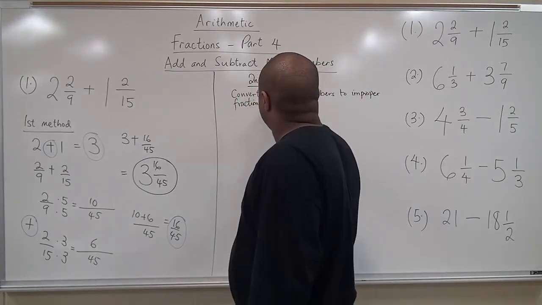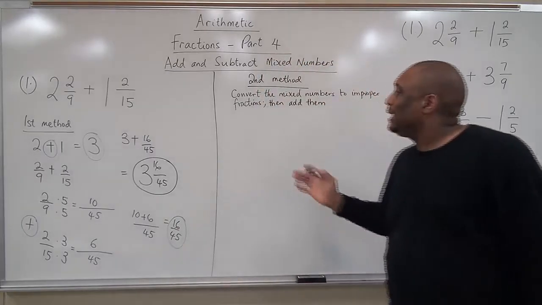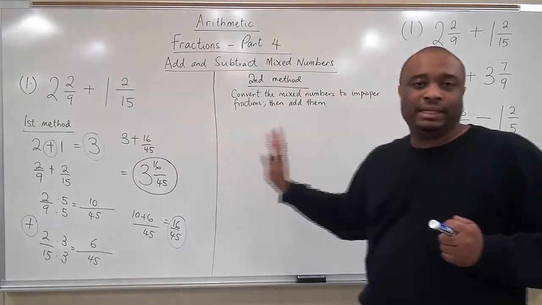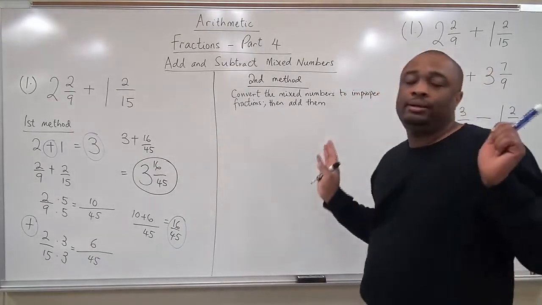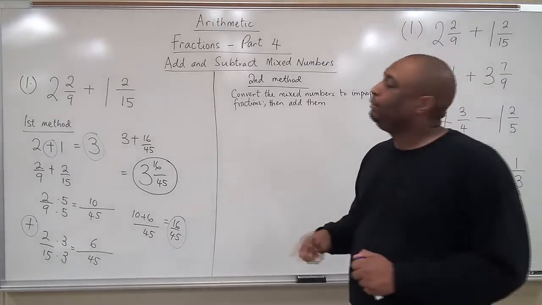Then add them. That's the second method. Remember, the first method, we just add the integers, add the proper fractions, and then add them together. Second method, we've got to convert before we add.